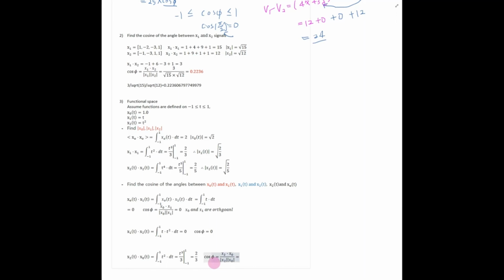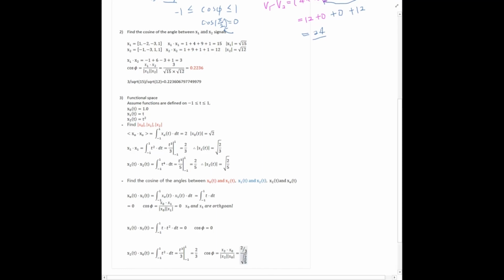The numerator becomes 2 over 3, but the denominator is the product of the square root of 2 over 5 and the square root of 2. The square root of 2 terms cancel each other, and the square root of 5 over 3 remains.